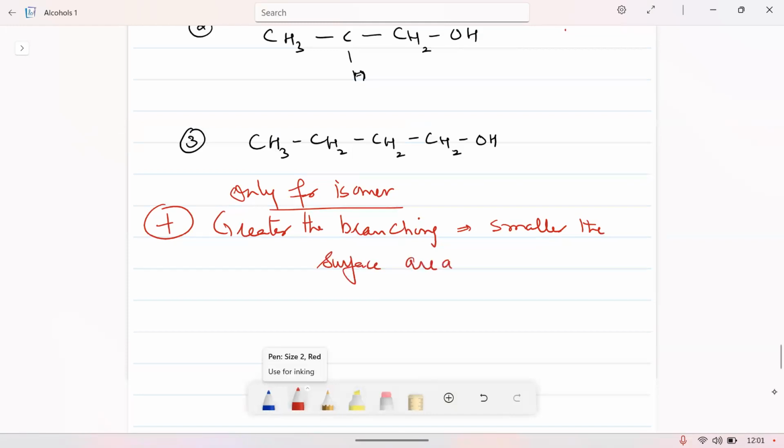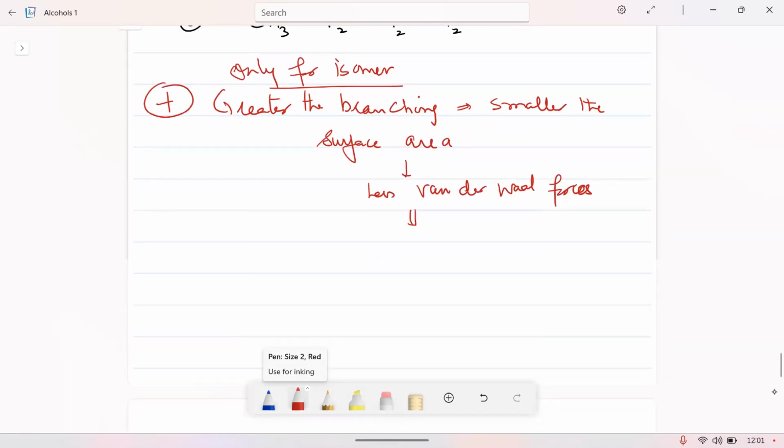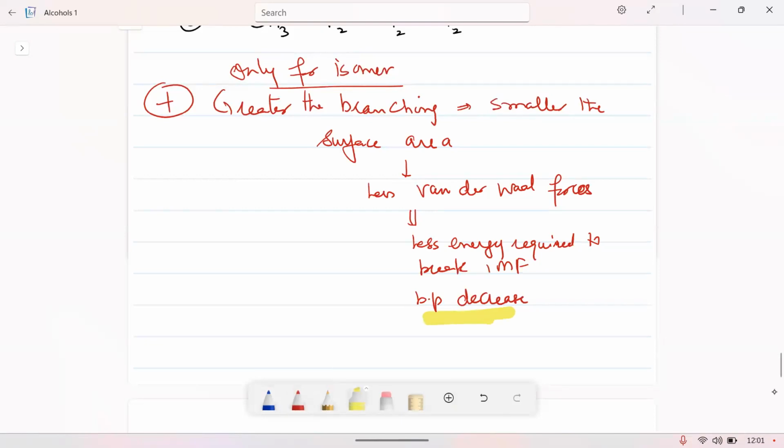And if the surface area is less, it means less van der Waals forces or London forces, and as a result, less energy is required to break the intermolecular forces, and as a result, the boiling points will decrease. So this is the main concept.